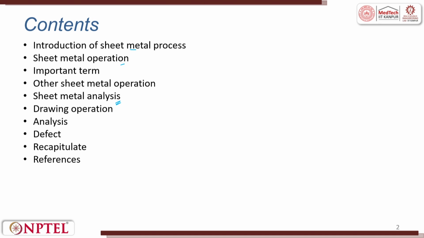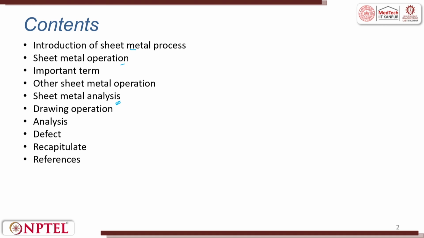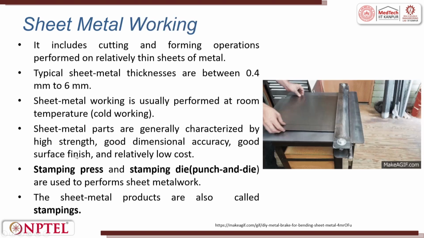It is very important because you should know what load I should apply, how thick my die should be, how thick a material I can take. All these things are analysis. Then drawing operation, we will look into analysis of drawing operation, then defects. Finally, we will do a small recap and references.